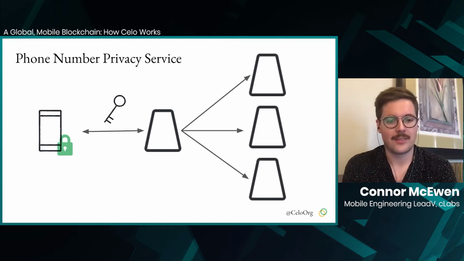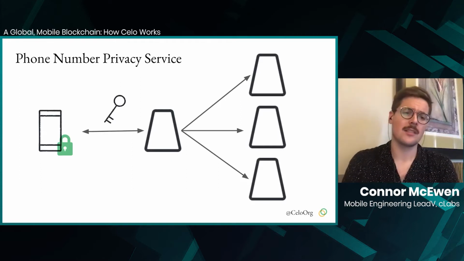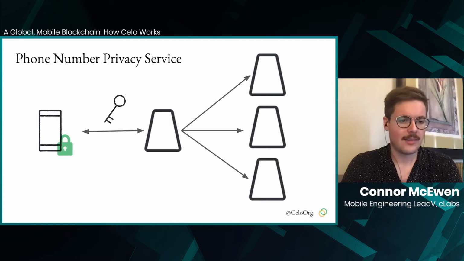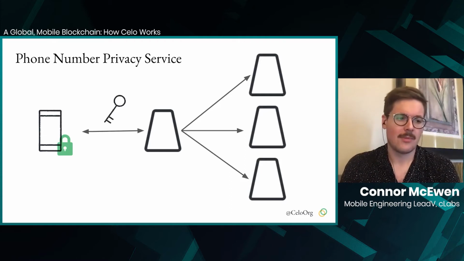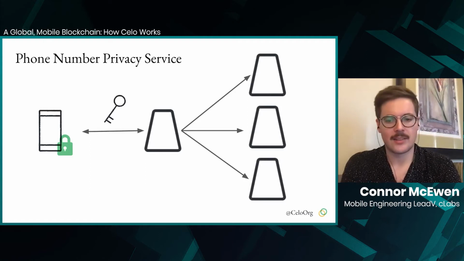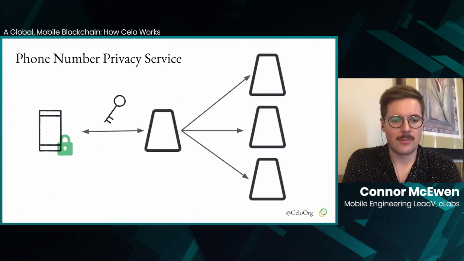So first, the wallet user blinds their phone number, which is a cryptographic function which just ensures that none of the operators of this service are able to discover the phone number of the requesting wallet user.